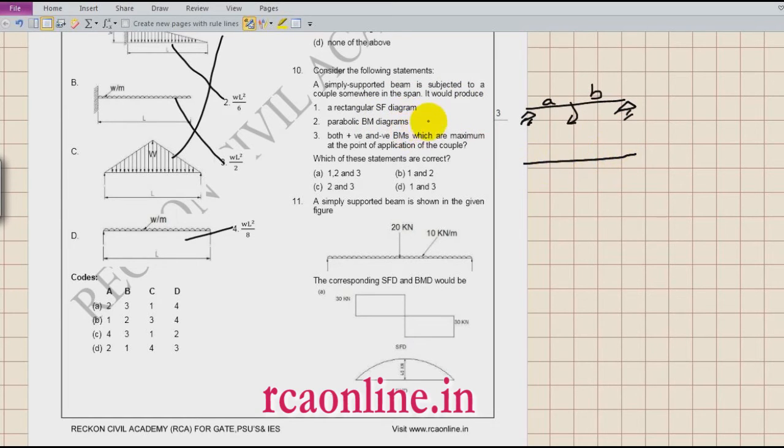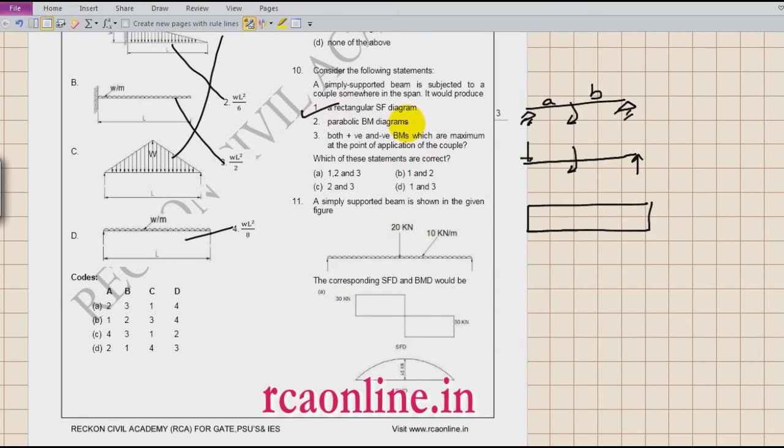So first thing, parabolic bending moment diagram, and both positive and negative bending moment which are maximum at the point of application. Now if you see, if I have this clockwise couple, then I will be having anti-clockwise reactions. Is it okay? Now what will shear force diagram? It will be like this. So this option is correct.